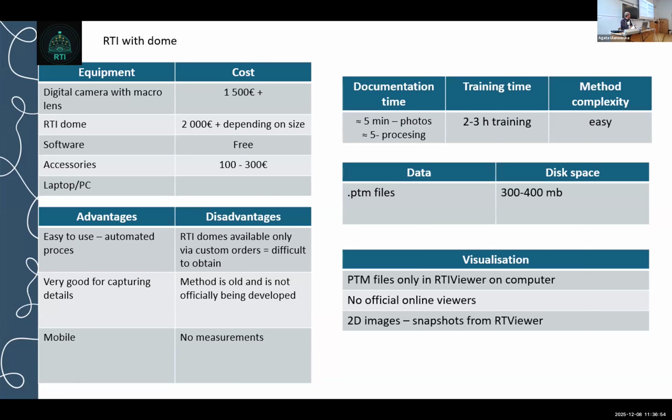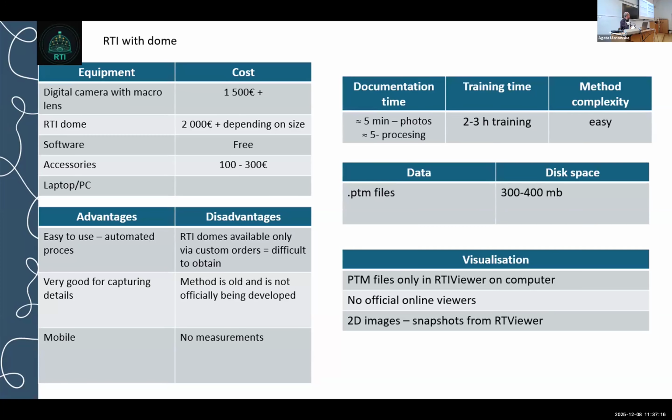Time consumption is around 5 minutes to take photographs and 5 minutes to process data. So it's very quick, and I think I wrote 2-3 hours of training, but I think even 1 hour of training with the dome will be enough to show how to create RTI files.